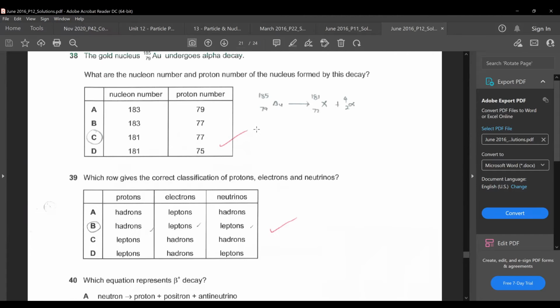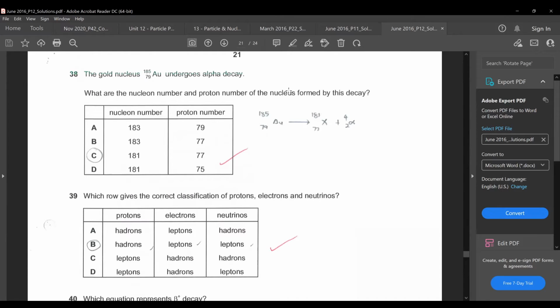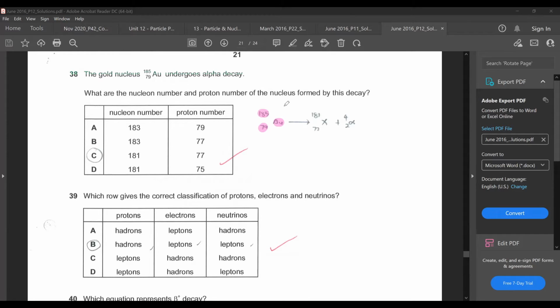What are the nucleon number and proton number of the nucleus formed by this decay? So you started off with Aurum 185, 79. You decay by alpha particle emission, alpha 4, 2. What is your resulting nucleus?